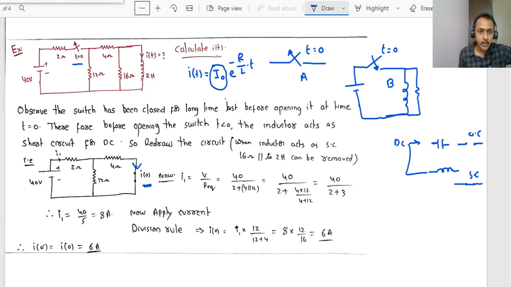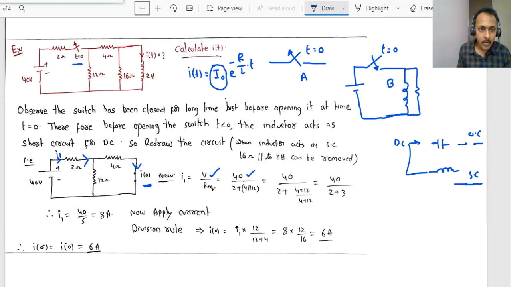Now in this circuit, observe dear students how we can calculate the current through this short circuited path. Once you know this total current, we can apply the current division rule. So the total current entering, I1, is given by V divided by R equivalent. What is applied voltage? 40, divided by R equivalent, where current is entering from this side.